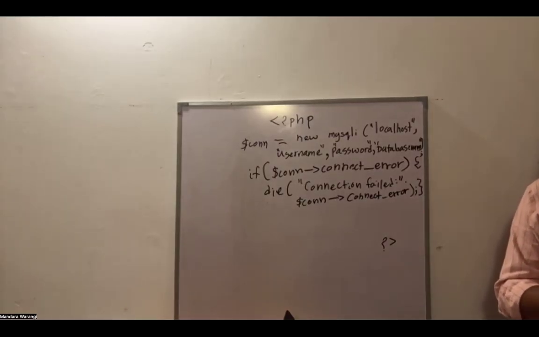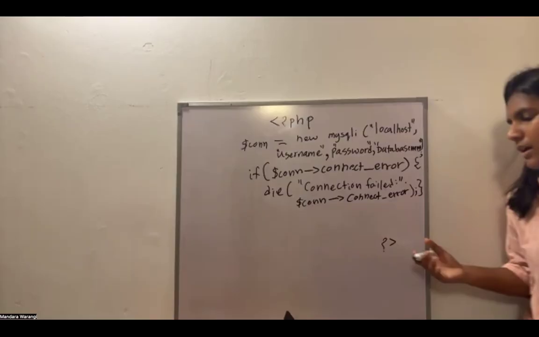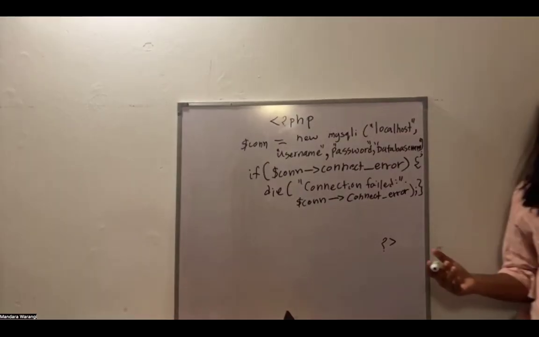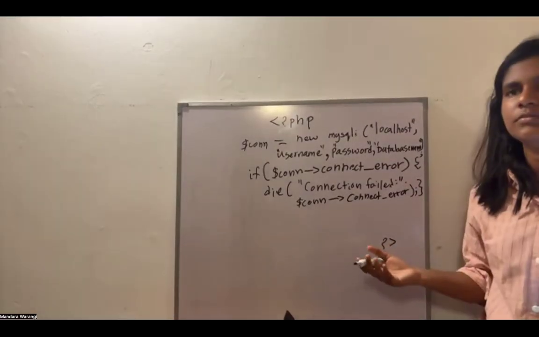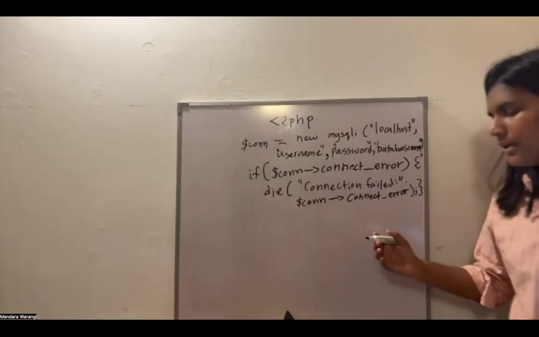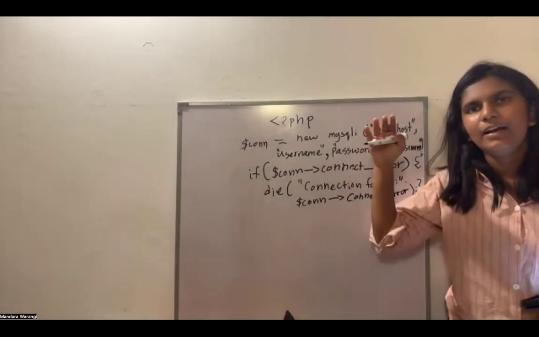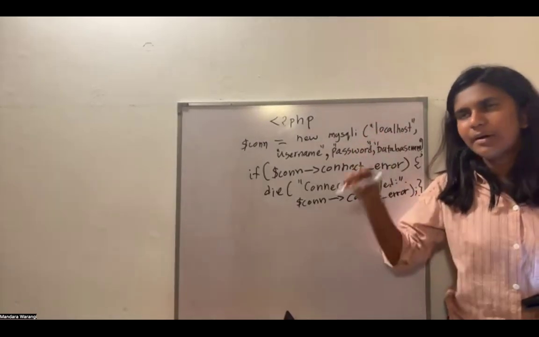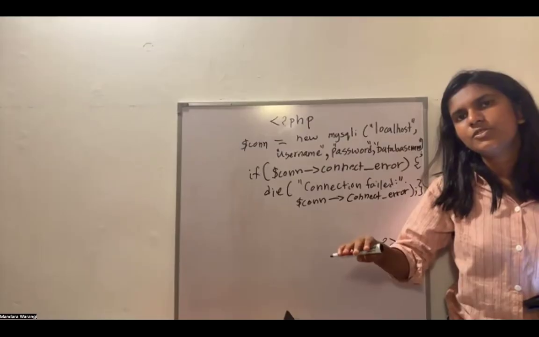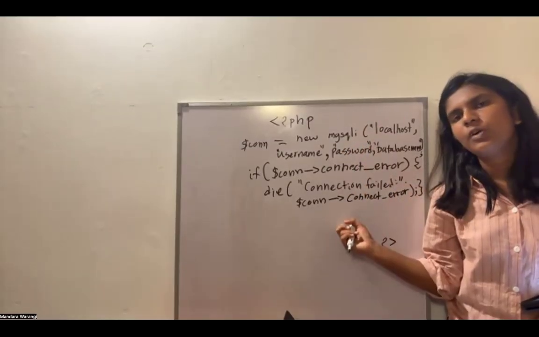If the connection is established, I can give an SQL query, like create a table, or I say select something. Normally we don't add create commands here. What we should add is a select command, because this normally happens in what?